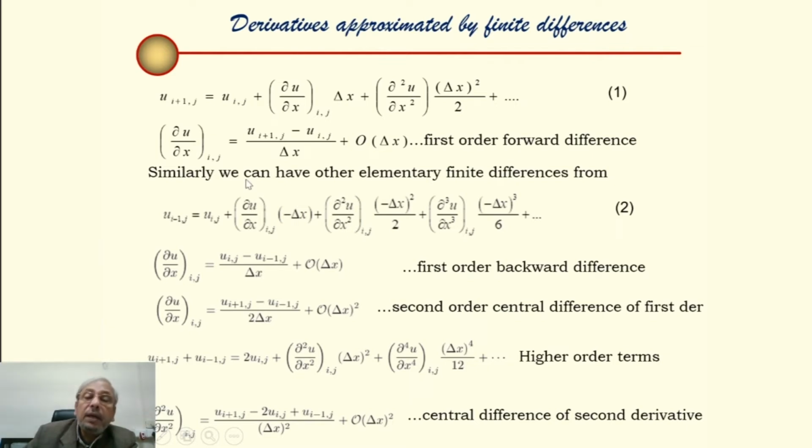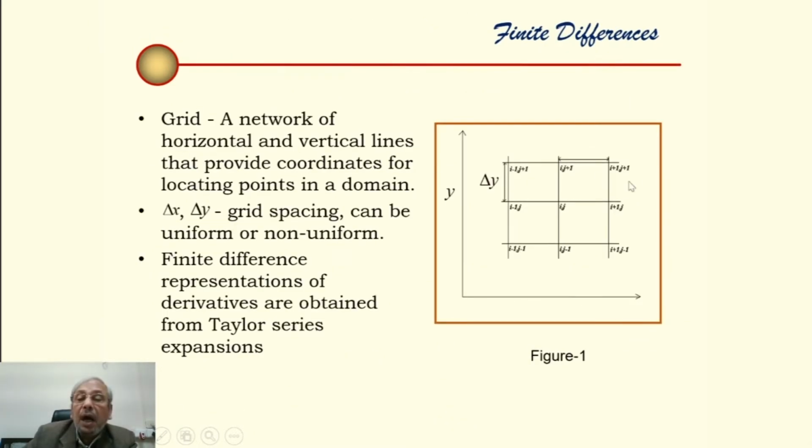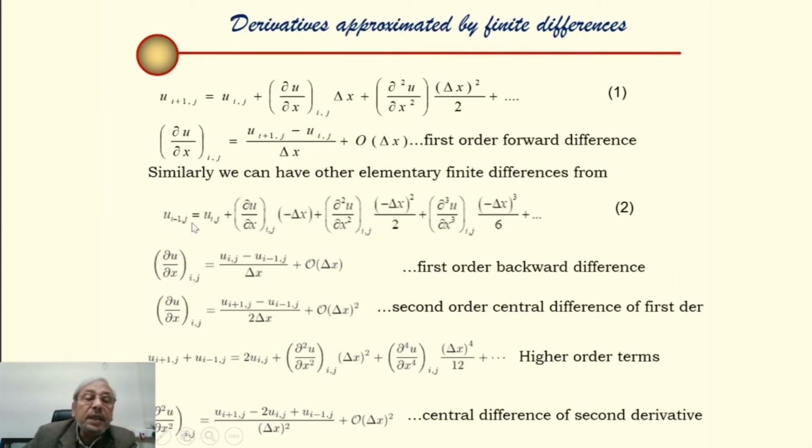Similarly, we can also write the Taylor series expansion involving the i-1,j point. Then u_i-1,j is u_ij, again plus del u/del x at ij multiplied by minus delta x, plus del 2u/del x2 at ij multiplied by minus delta x square by 2, del 3u/del x3 at ij minus del x cube by 6.